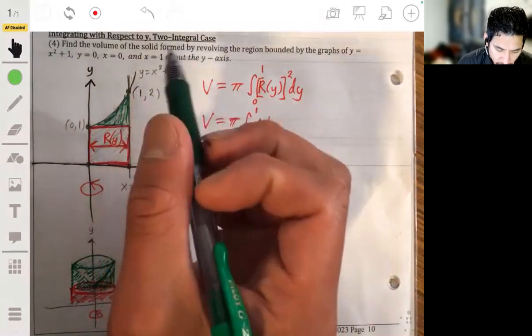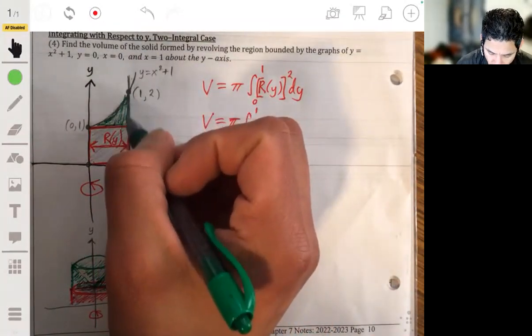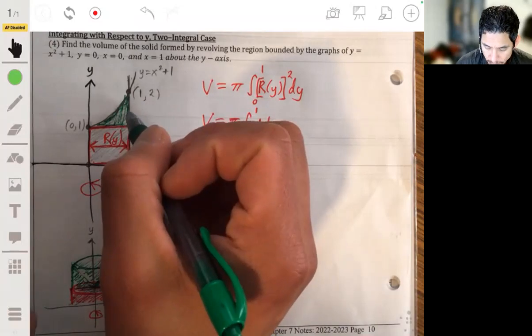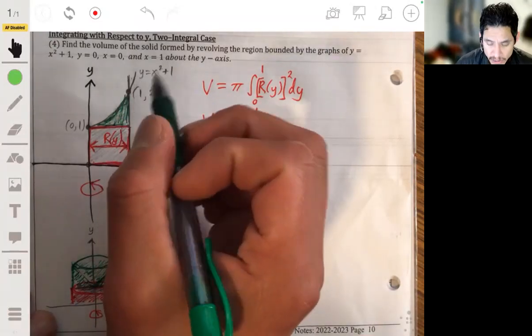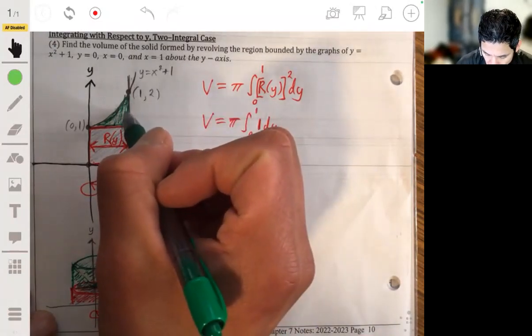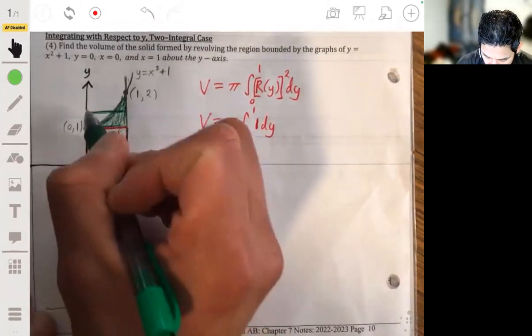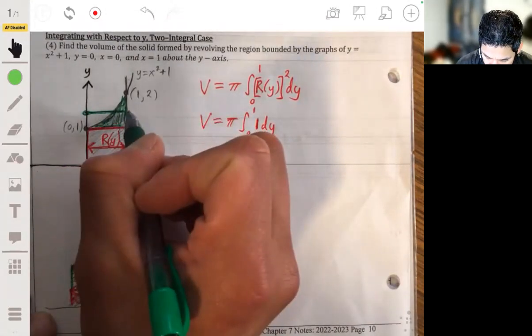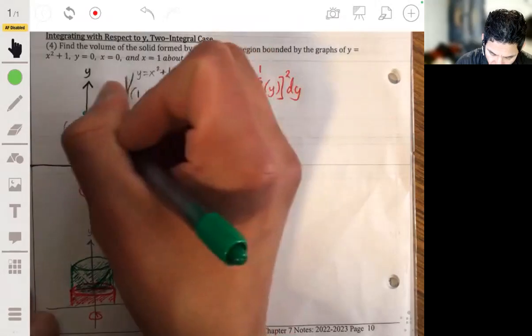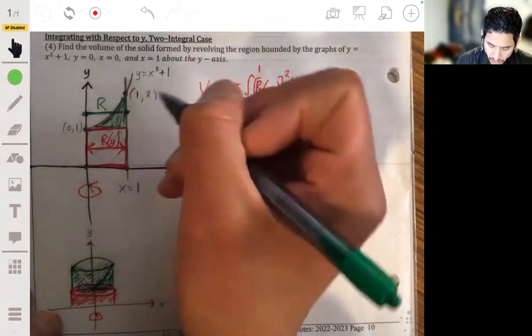So here you actually have two parts. We're going to have an outer radius, which will be the length from the y-axis to the edge of this. That'll be your large R of y.